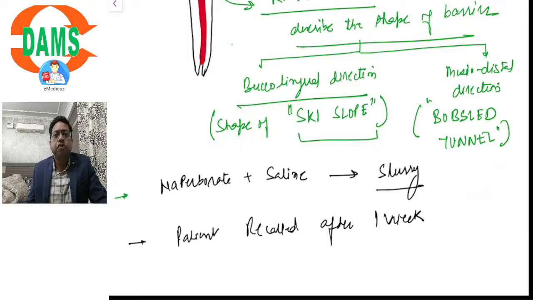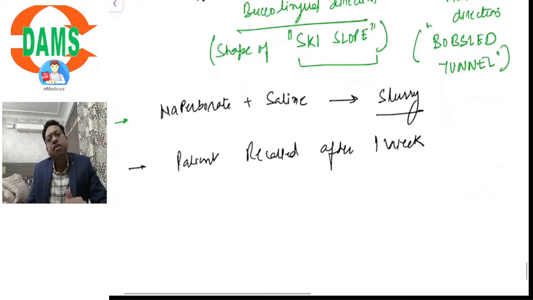We would remove the old material from the pulp chamber, make a fresh mix of sodium perborate with saline, pack it, and again send the patient back. If there is some improvement and we want more improvement, we can continue the treatment for a couple of weeks. But every time the patient is free to move around, go back, that's why it is called walking bleach treatment.